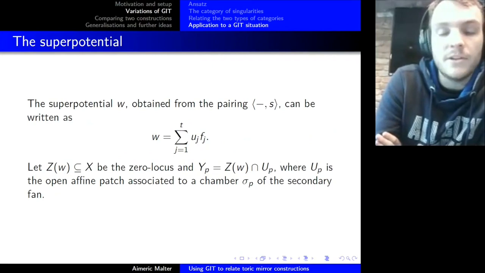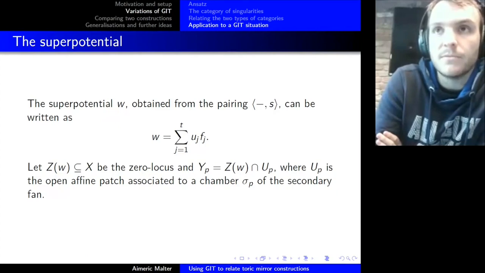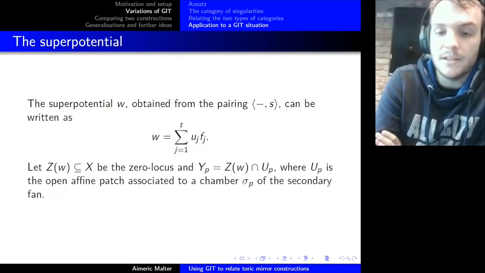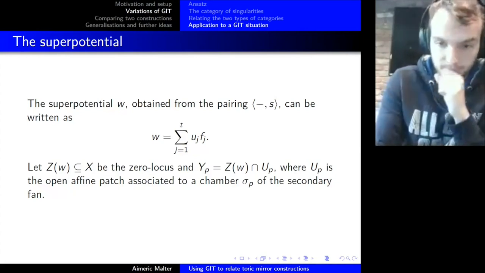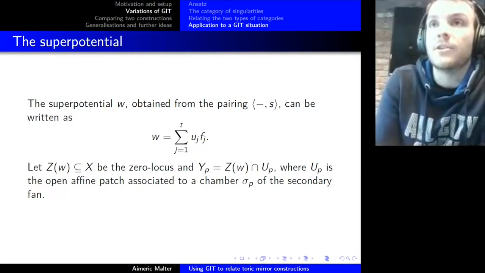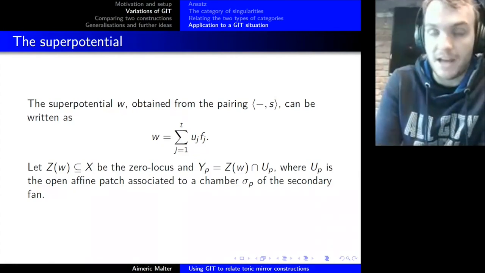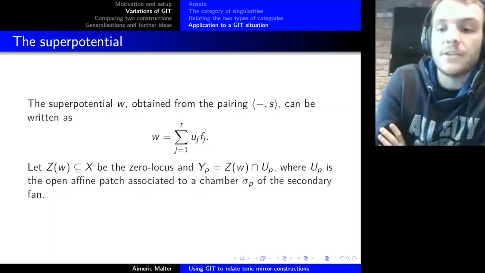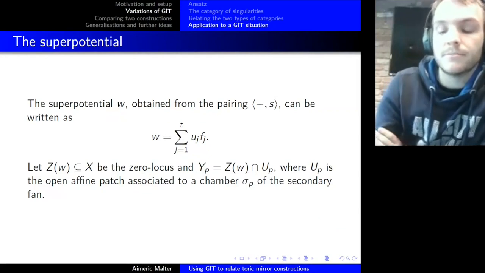That superpotential is very easily obtained from the pairing that we talked about earlier, and we can write it as a sum of bundle coordinate times function. We then consider the zero locus of that entire superpotential in the affine variety, and we can also look at what this looks like restricted to each patch in the chamber. That's how you get these affine pieces U_P, which are the zero locus of the superpotential, restricted to your chamber.